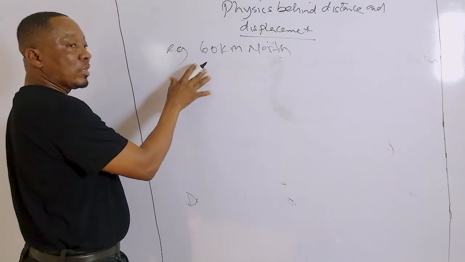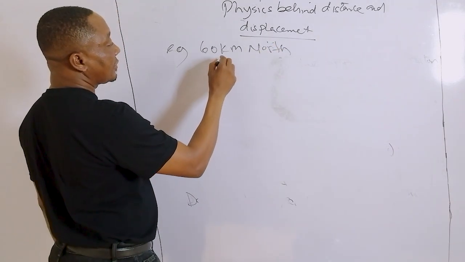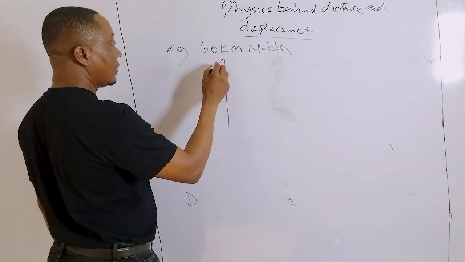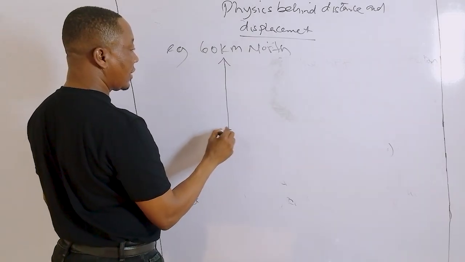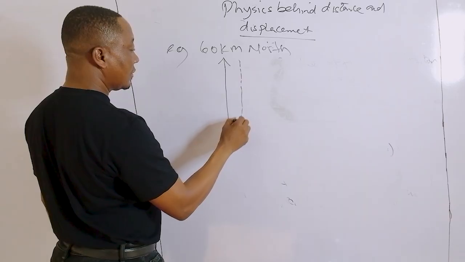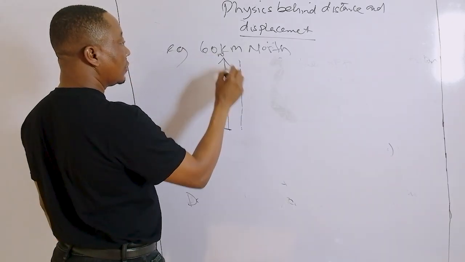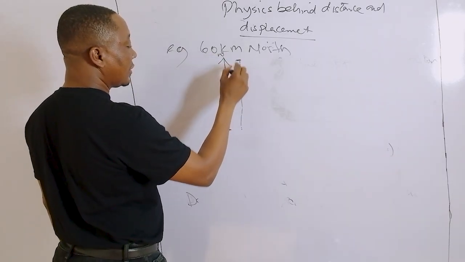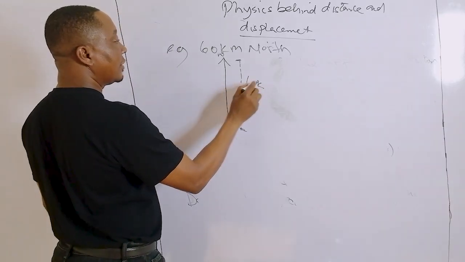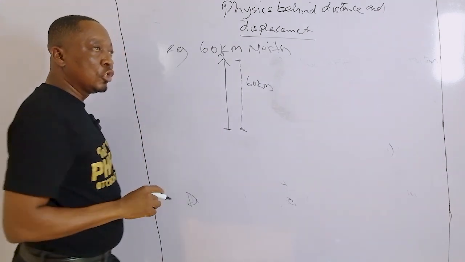And we want to illustrate this in a diagram. This is the axis of the north, and this is the displacement. This is 60 kilometer due north.